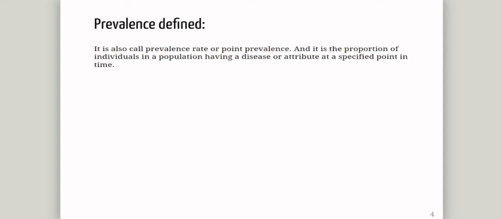And I say apparent prevalence because sometimes the methods we use to define whether an individual is diseased or not are not always perfect. So there is a certain uncertainty when we define someone as diseased or not. Only when we are completely certain can we talk about true prevalence.